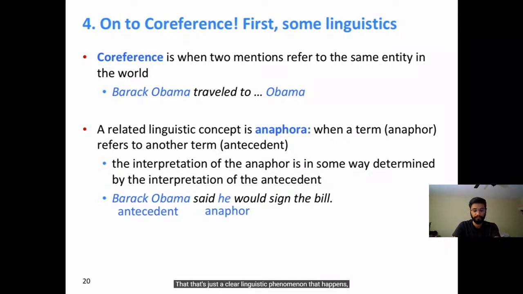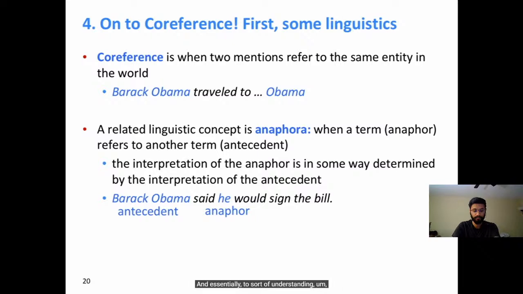That's just a clear linguistic phenomenon that happens, and it's not even incredibly rare, right? But, you know, people build these simple machine learning models that just can't deal with it. And there's really quite a bit more structure to what happens in the linguistics of coreference that isn't really being exploited in most of the systems people build. So I just want to show people a bit more of that.